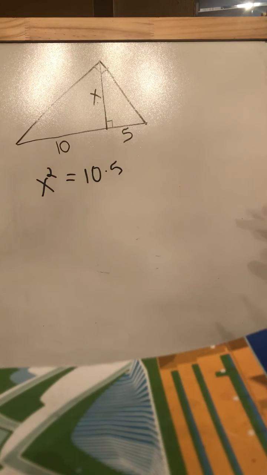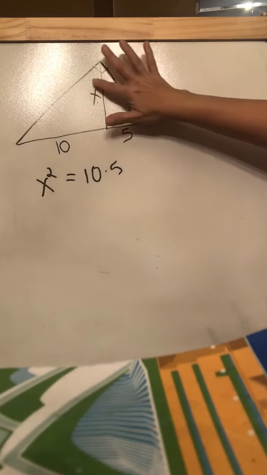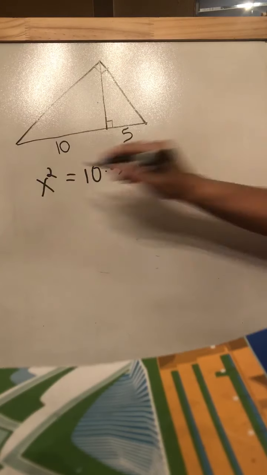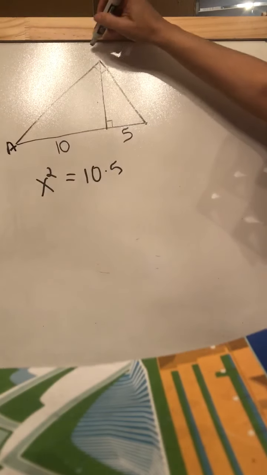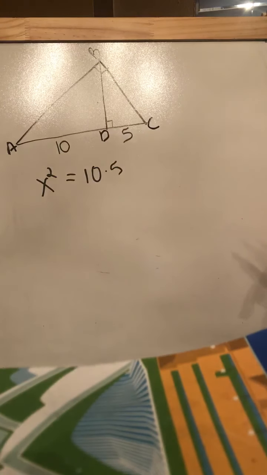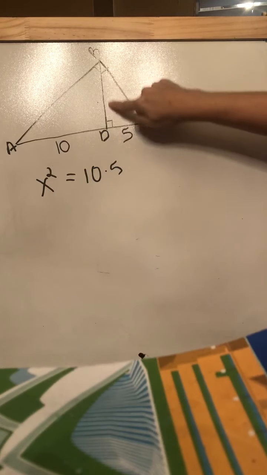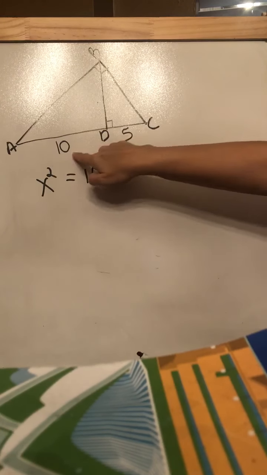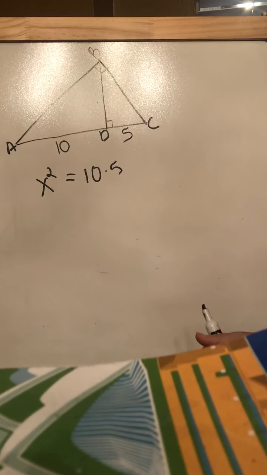Well, what happens if you are not necessarily given this x here, okay? We just have, let's say we just have A, B, C, and D. And it says, what is the height of the triangle? Well, you can figure that out, given this. You can because you know that this height of the triangle squared is going to equal the product of the 2 sections of your hypotenuse. Okay, so that's geometric mean for the altitude.